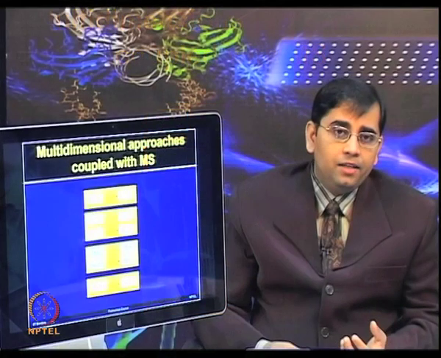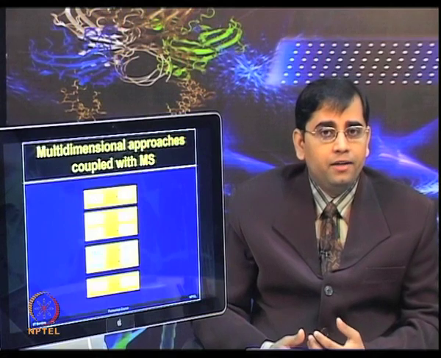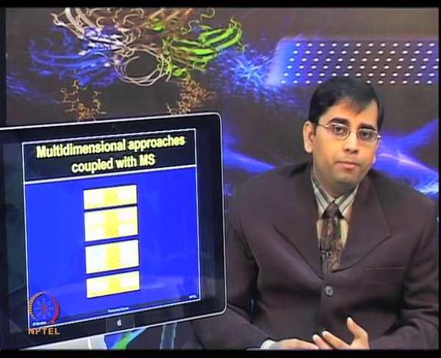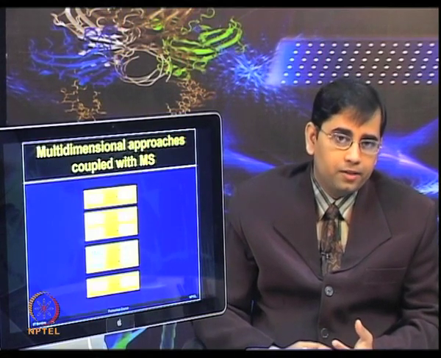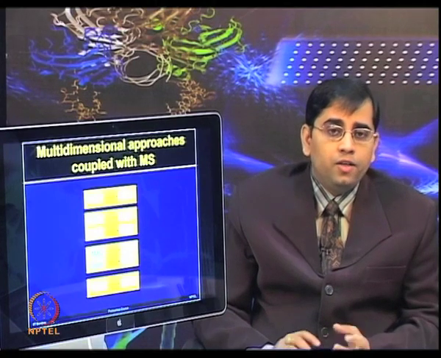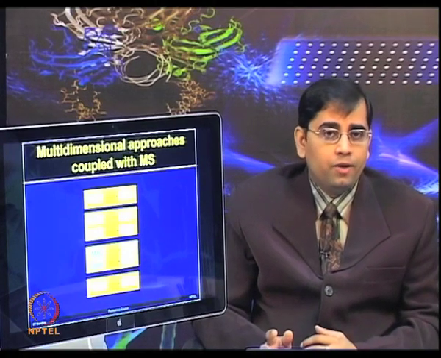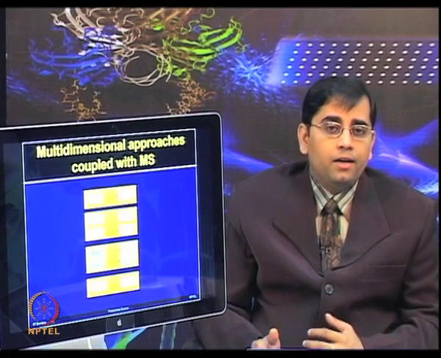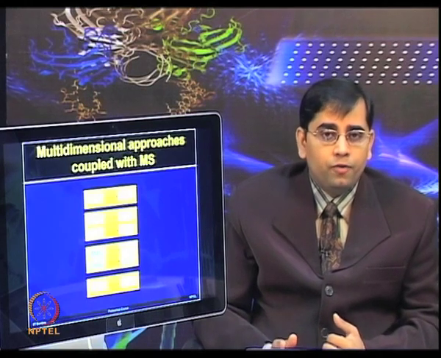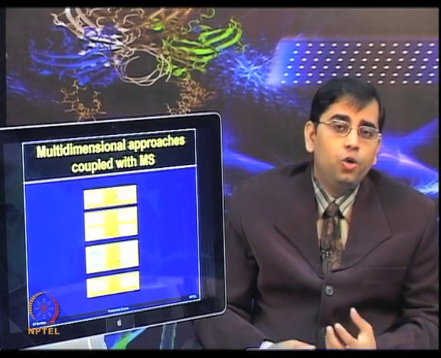When SEC followed by reverse phase has been tried, poor resolution of peptides in SEC occurs. Reverse phase followed by capillary electrophoresis, or SEC followed by capillary electrophoresis, is limited by loading capacity.